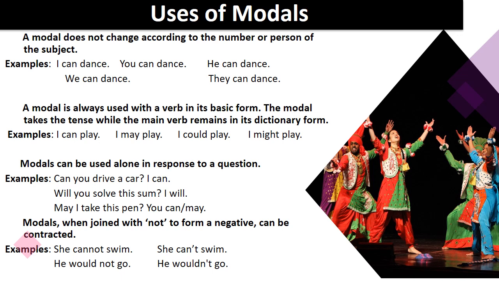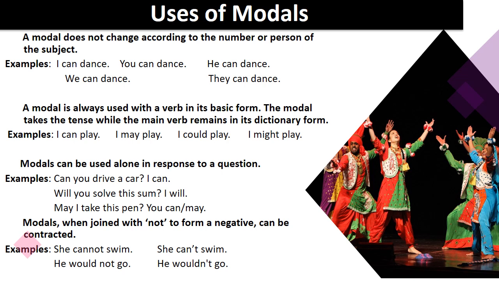Now students, let us learn some more uses of modal verbs. A modal does not change according to the number or person of the subject. For example, I can dance, we can dance, you can dance, he can dance, they can dance.